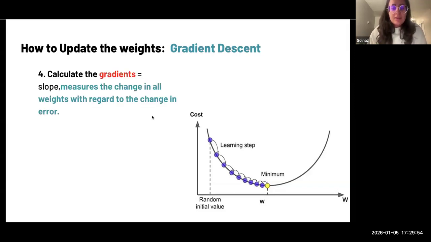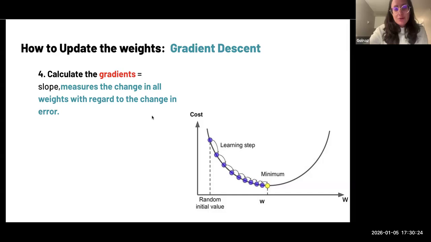And once you have that, now you have to decide how to change the weights so that the loss is smaller. And there is a measurement that can help you. It's called gradients. You can think of them as the slope, or the direction in which you can go so that your cost function is minimized. So it measures the change in the error with respect to the change in weights.